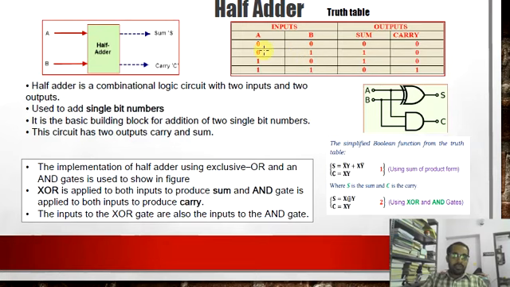When you have an odd number of input ones and the output is high, that corresponds to the XOR gate, provided that when you have an even number of ones or both inputs 0, your output is 0. So this corresponds to the XOR gate.